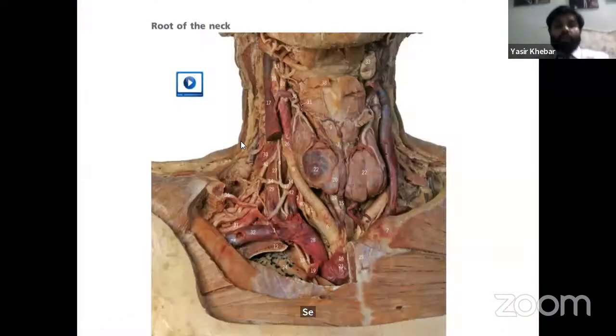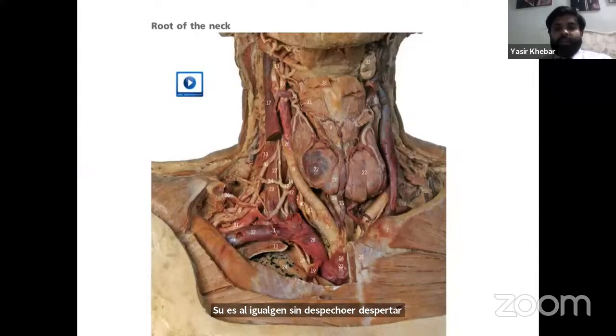As you all can see, this picture depicts the gross dissection view of a cadaver. In this picture, we can appreciate the various vascular structures that we usually encounter within the neck region when we are dissecting it out.